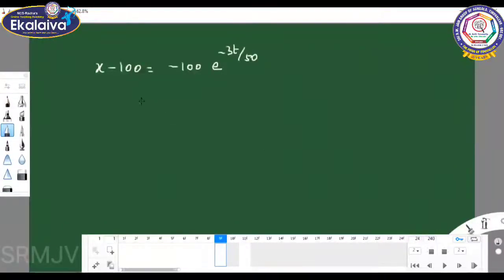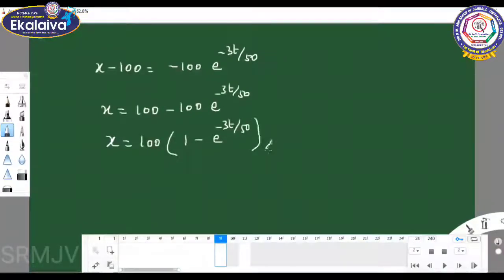So x equal to 100 minus 100 e power minus 3t by 50. You can take 100 commonly out. What is the remaining value? x equal to 100 into 1 minus e power minus 3t by 50.